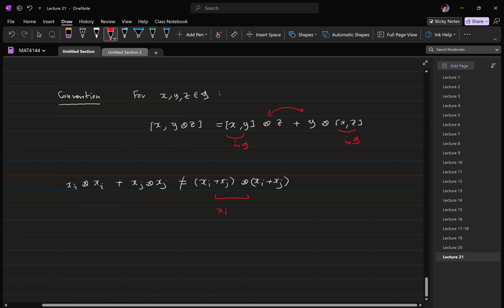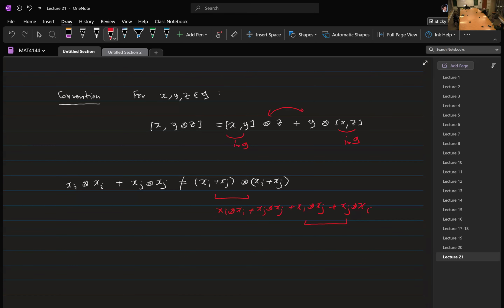So I have to expand in a bilinear way. xi tensor xi and xj tensor xj are for sure there. But I also have xi tensor xj and xj tensor xi. These two are not present on the left-hand side. Okay. All right. Is everybody on the same page with these tensors? Is it clear?